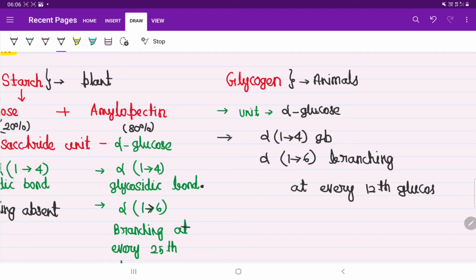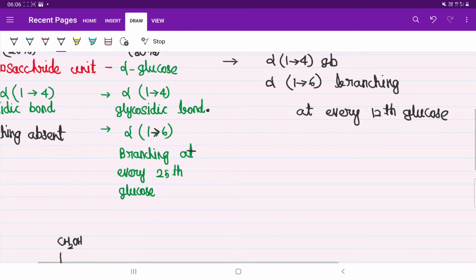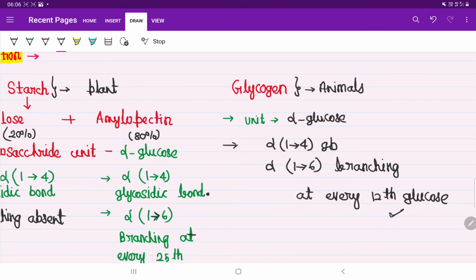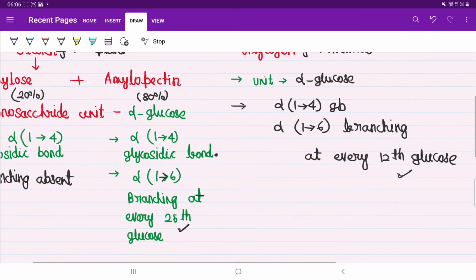Now you tell me, out of starch and glycogen, which has more branching? Here branching is at every 25th glucose, here at every 12th glucose, so obviously glycogen has more branching, right?